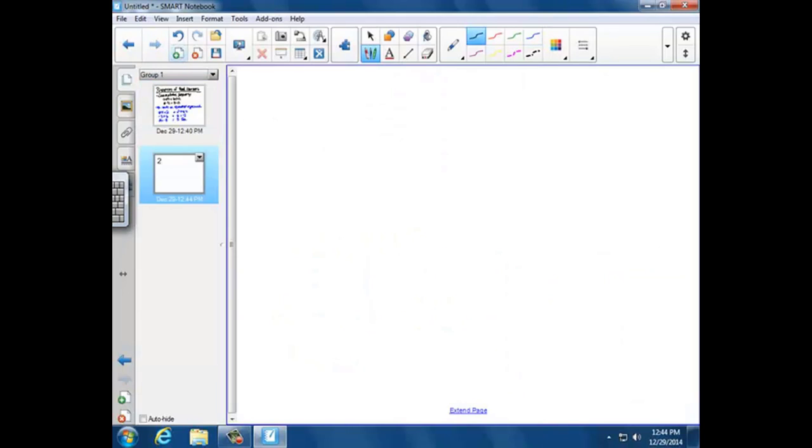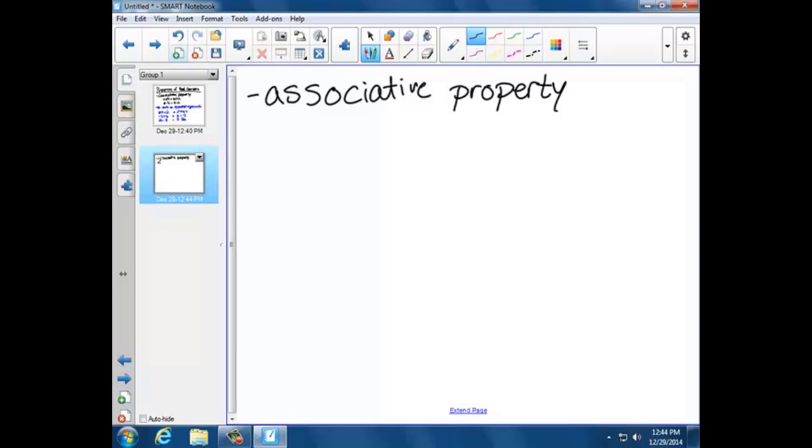The next one is the associative property. So here we have 3 either numbers or variables, and they can be grouped differently. So this is kind of more like a grouping one.